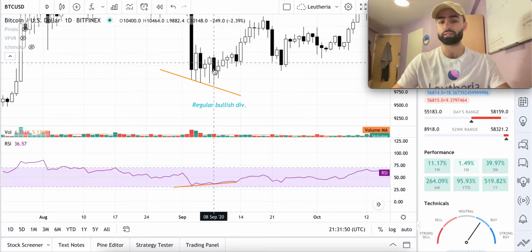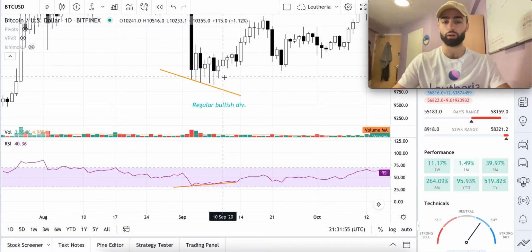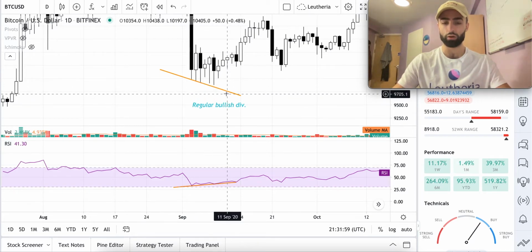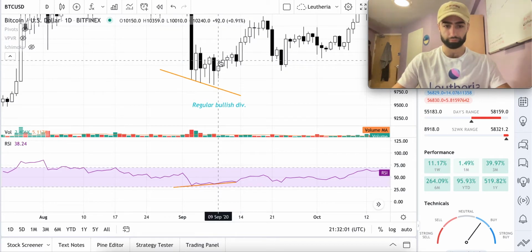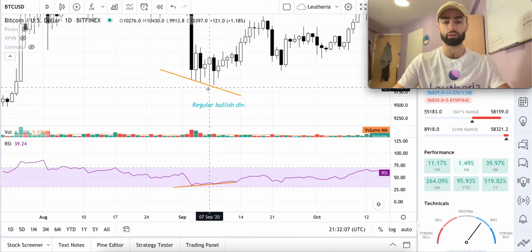So it's not telling us that this is a low yet, because we can continue to go down after the inside bar, and then this would not be considered the low. The next candle would be the low. But once the high of this inside bar candle is broken right here, this now makes this a low.